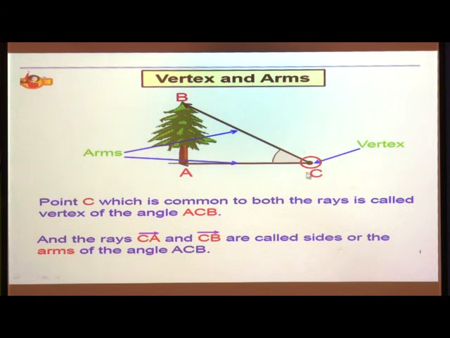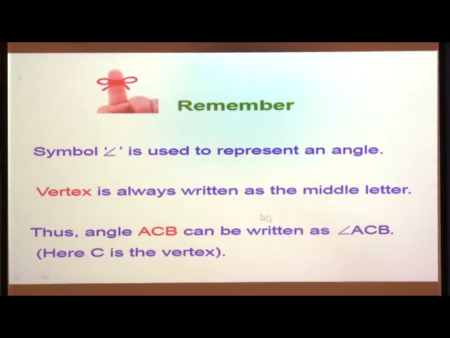Always the vertex, where the meeting point is, should be written in the middle. Here C is the vertex, so C is written in the middle.